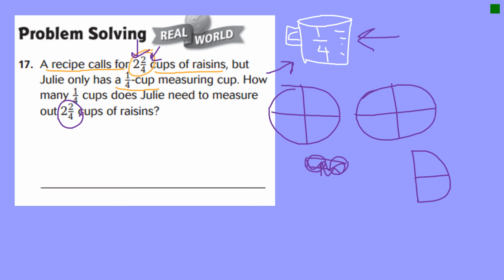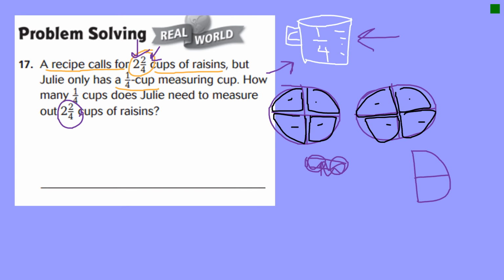Well, you guys, you can see it here, right? Isn't that a 1/4? And is that a 1/4? Is that a 1/4? Yeah. Is that a 1/4? So how many fourths are right here? 1, 2, 3, 4. So that's 4 times she's going to have to fill the cup. And then 1, 2, 3, 4 times there. And that's a 1/4. And that's a 1/4. 2 times there.